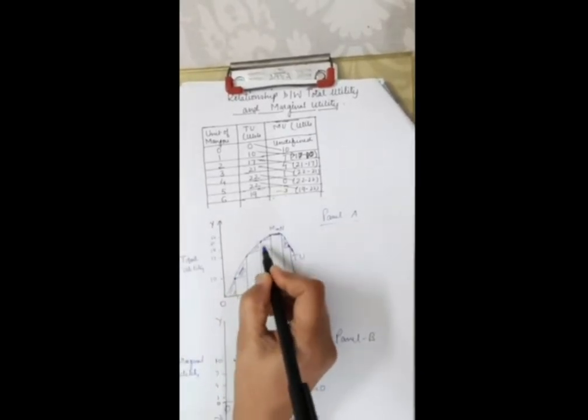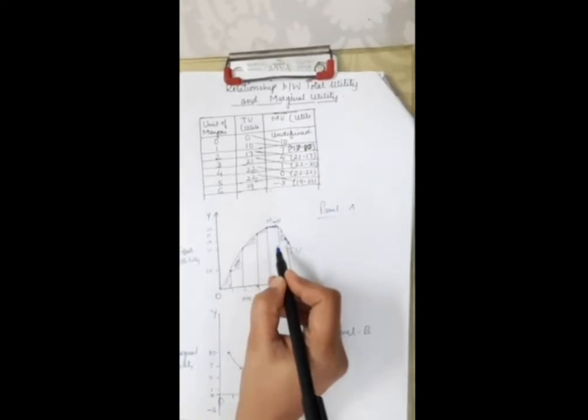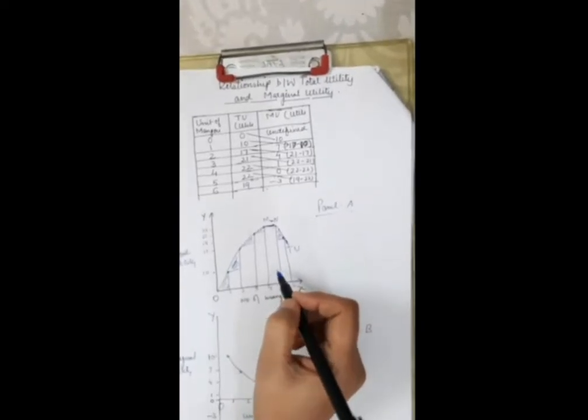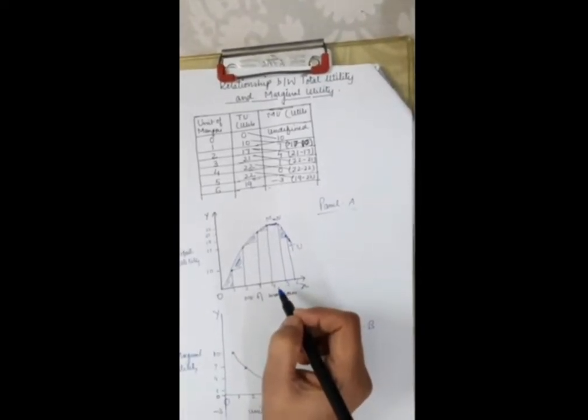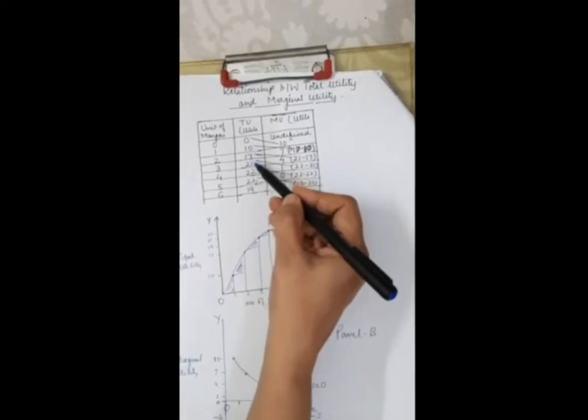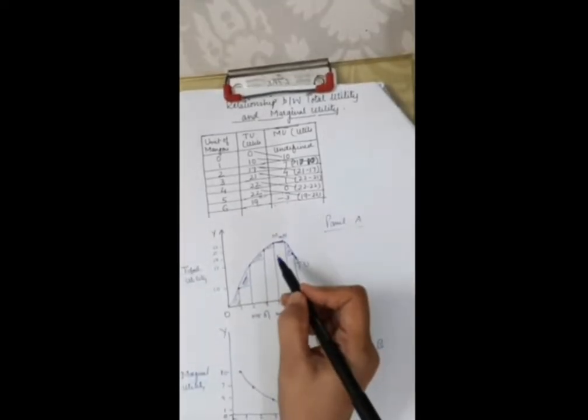You can see this. The slope is keeping on decreasing steadily as quantity consumed is increased. This shows that so long as total utility increases, 10, 17, 21, 22, marginal utility is positive, but marginal utility decreases because total utility increases at a decreasing rate.